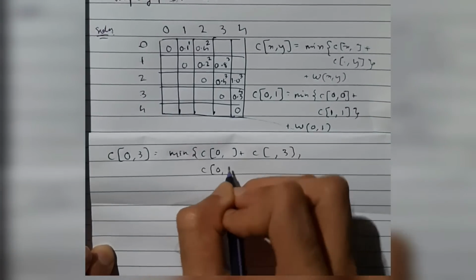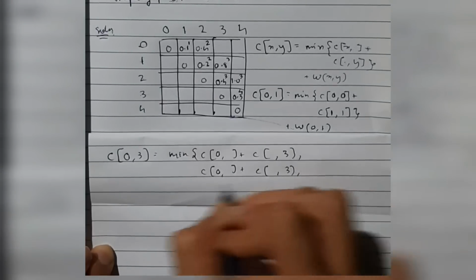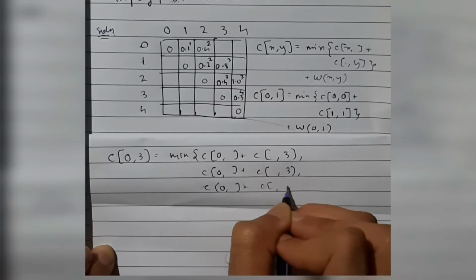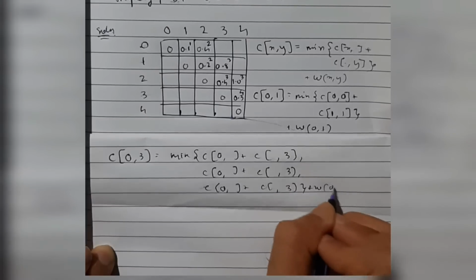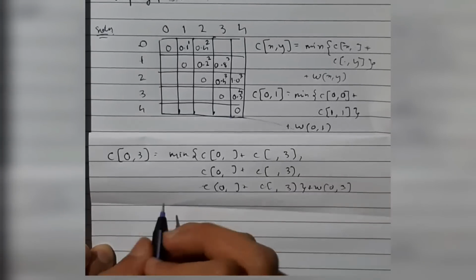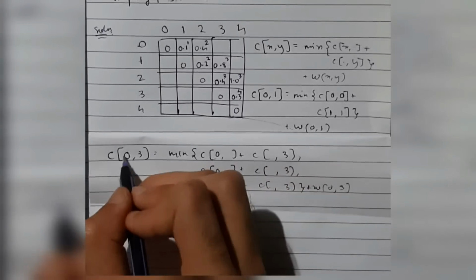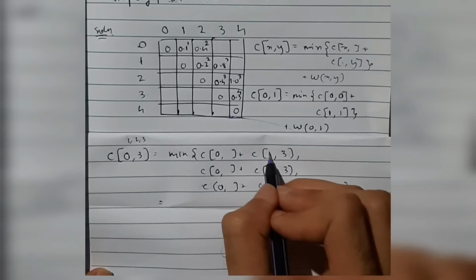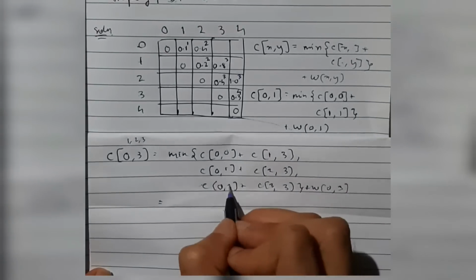We have to write out 3 times because we have 3 key values now. And the weight of 0 comma 3. Alright, now see. What values can we fill here? Ignoring the first element, I have the keys 1, 2 and 3. So I'll be filling it with 1, then 2, then 3.